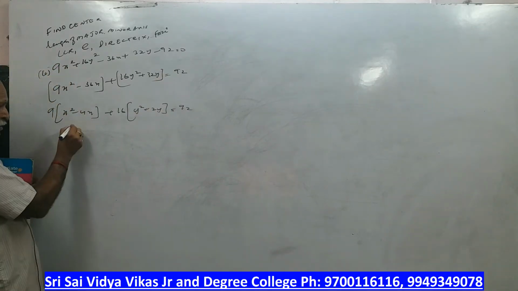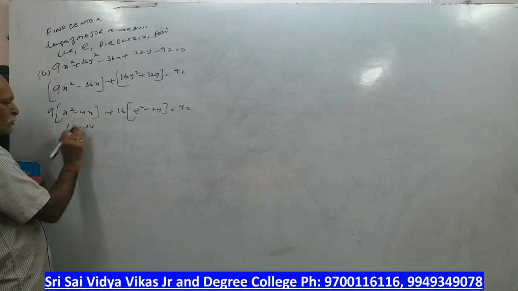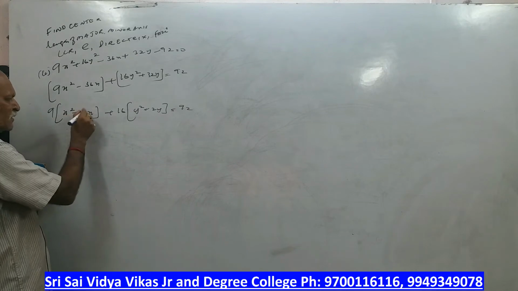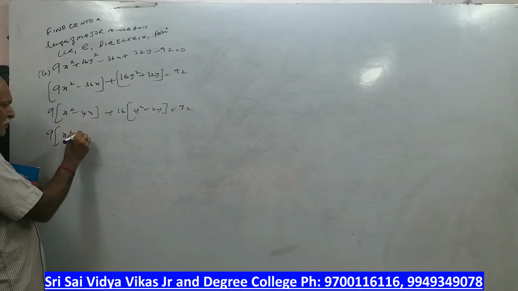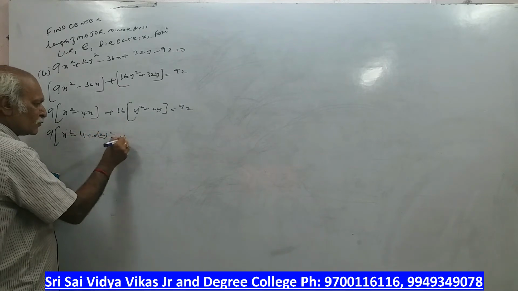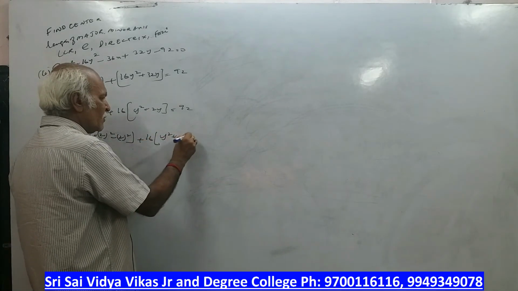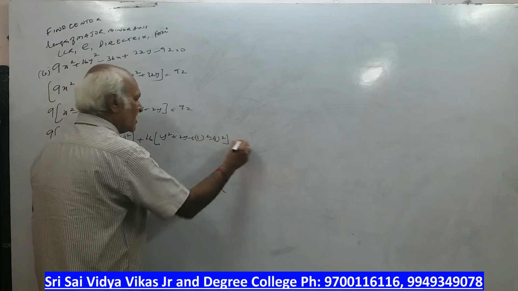Now observe here, we have done this in integration. To make things easier, take half of the coefficient. So x square minus 4x plus 2 square minus 2 square, plus 16 into y square plus 2y plus 1 square minus 1 square, is equal to 92.